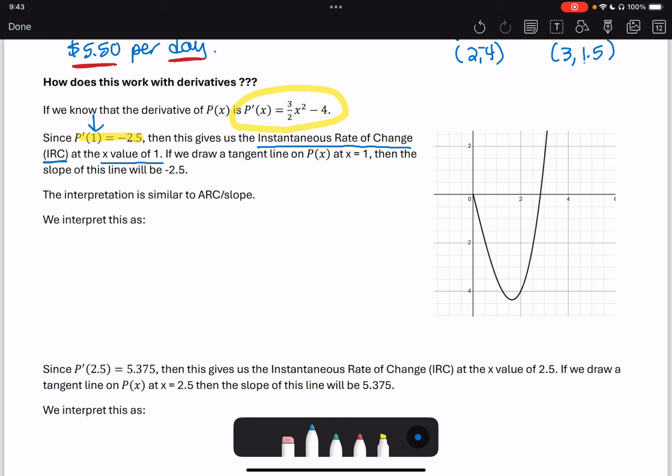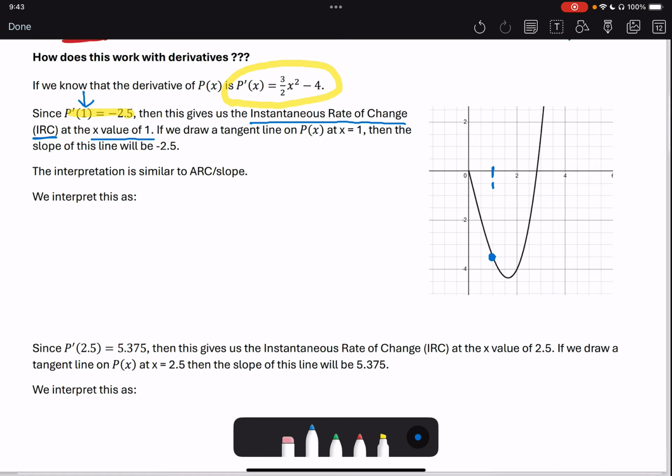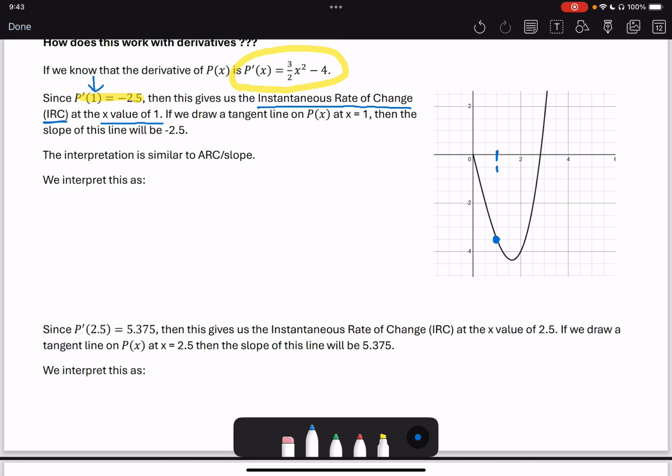So let's go over here to our function and look at this. Here's our x value of 1, and I'm going to go to my function. I'm not going to be able to draw it very well freehand, but a tangent line, as you can remember, just brushes up against the function in that one spot.